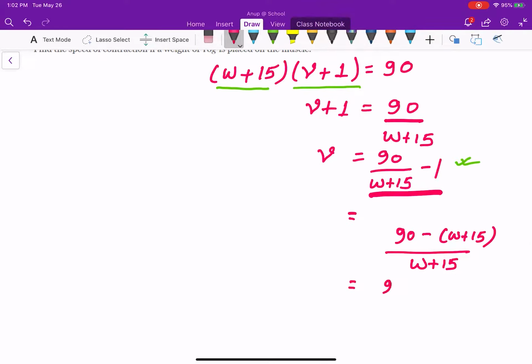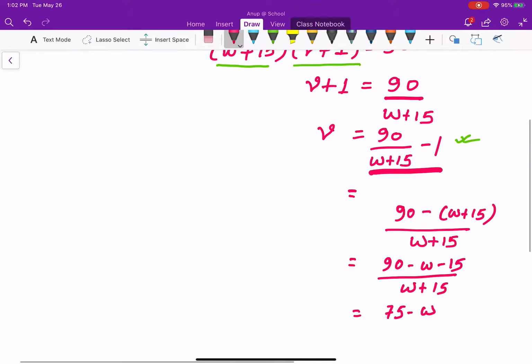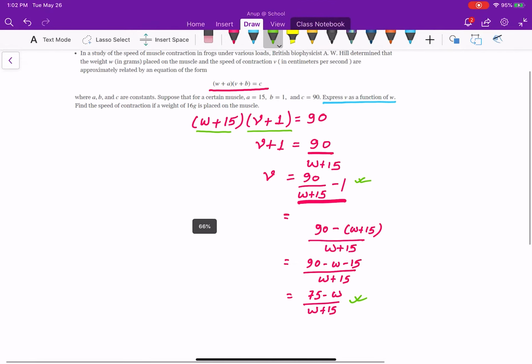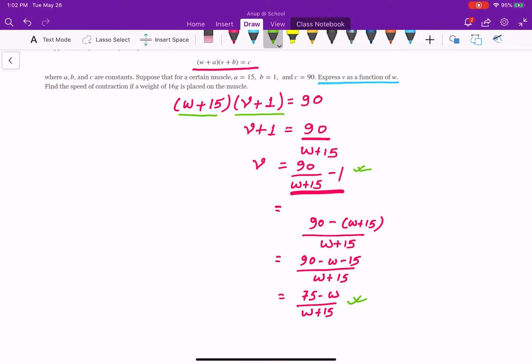Then we get 90 minus W minus 15 divided by W plus 15. So we get 90 minus 15, which is 75, minus W, divided by W plus 15. This is another alternative where we have also expressed V in terms of W. So we are done with this first problem where we needed to express V as a function of W.